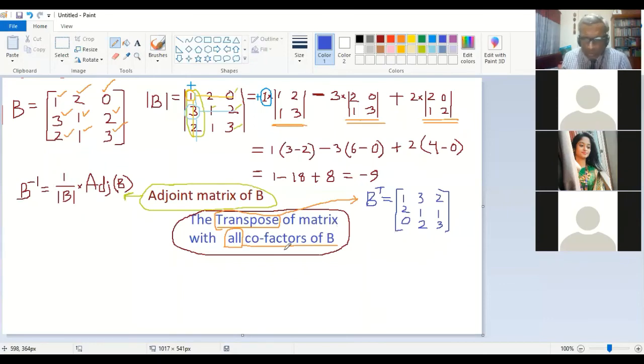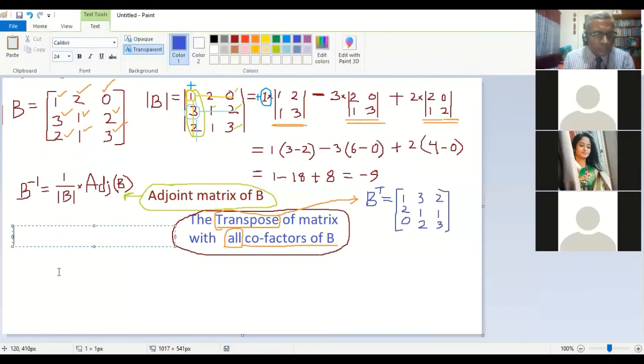So let us do the calculation quickly so that we can complete this task. What is the cofactor of 1, 3, and 2? It is already found. Let me just write it so that we can continue. The cofactor of 1 is equal to 1.